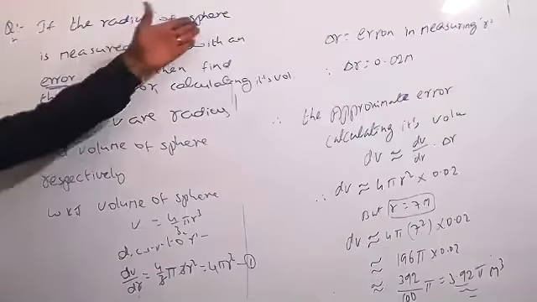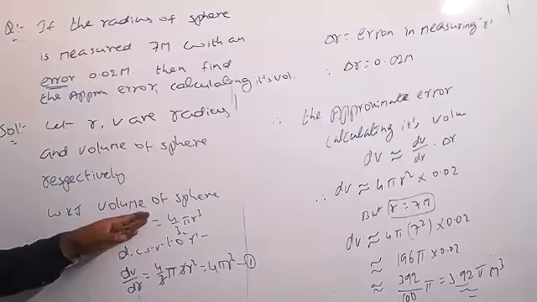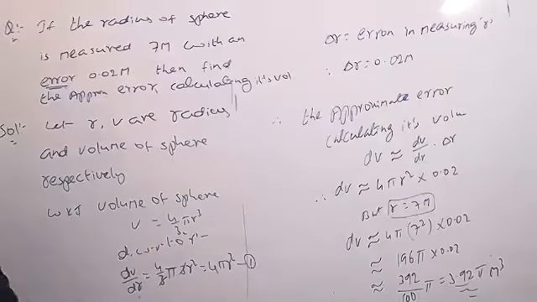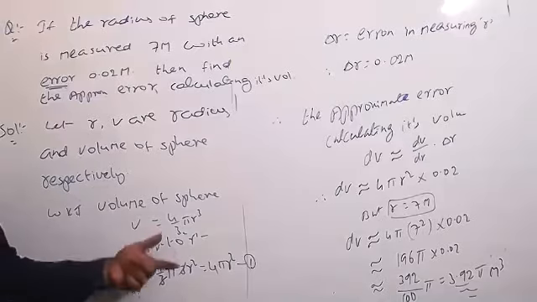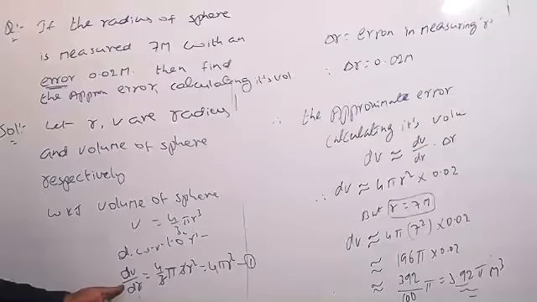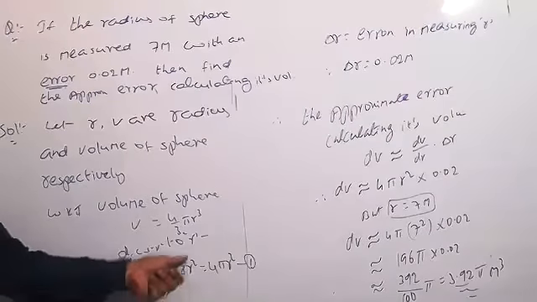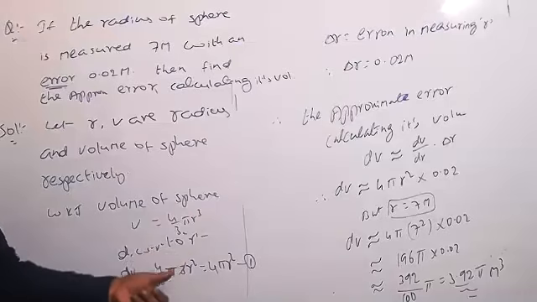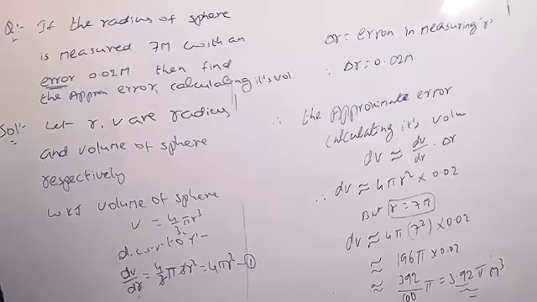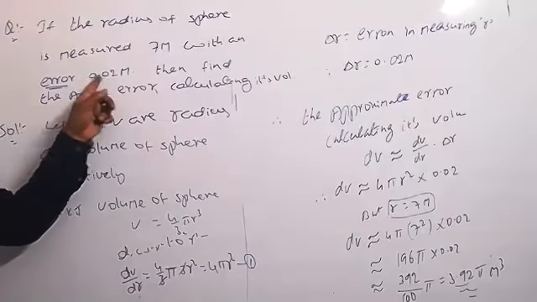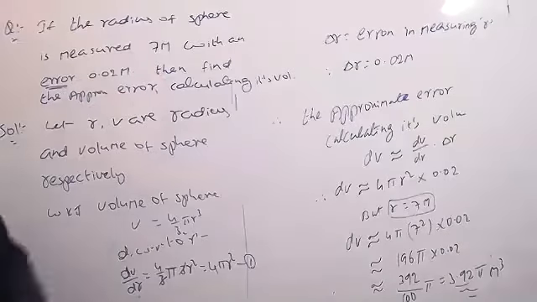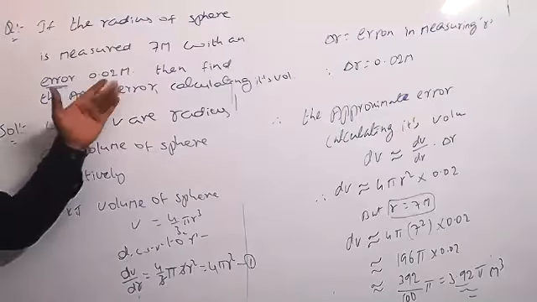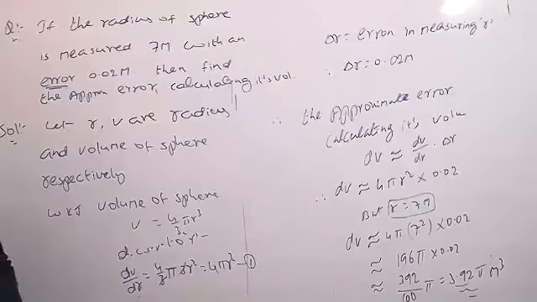The volume of a sphere is 4 by 3 pi r cube. Differentiating with respect to radius, dv by dr equals 4 by 3 pi, a constant, times 3r square. The 3 cancels, giving 4 pi r square. Take this as equation number 1. Delta r is the error in measuring r, which is 0.02 meters.